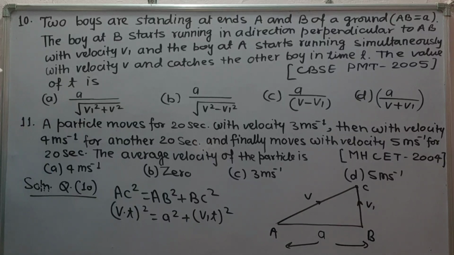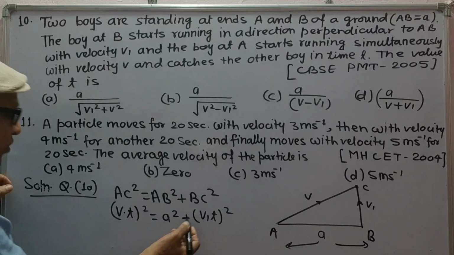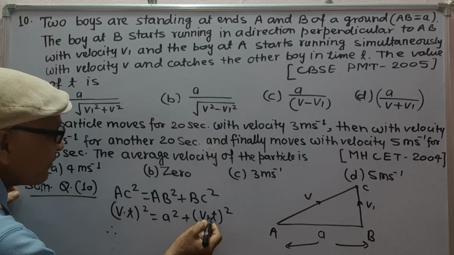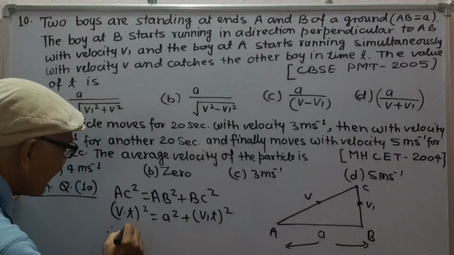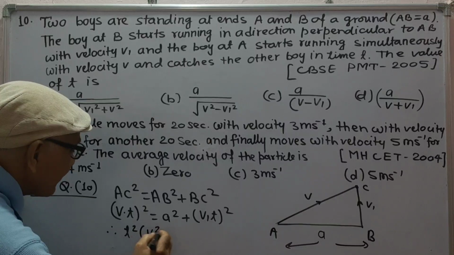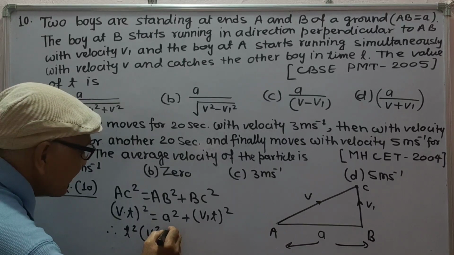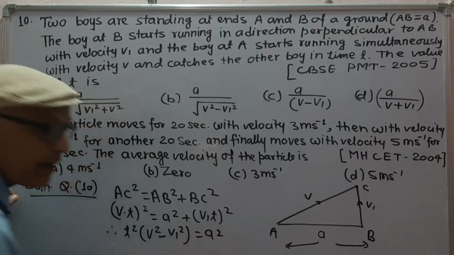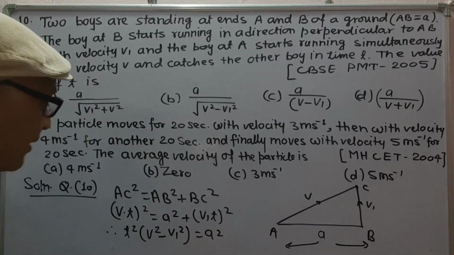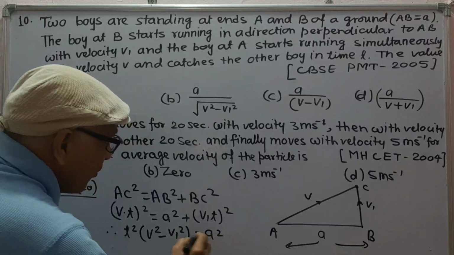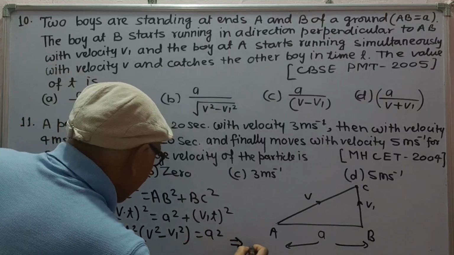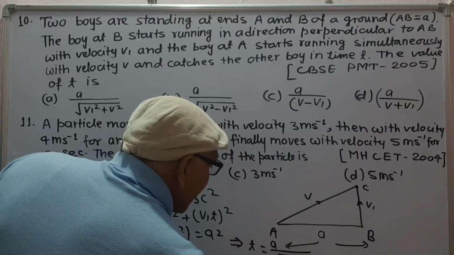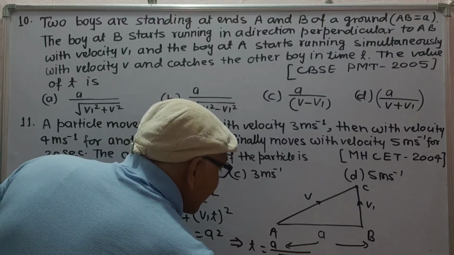Because distance is equal to velocity into time, so it can be written as v square t square minus v1 square t square taken common, v square minus v1 square is equal to a square, which gives t as a upon under root v square minus v1 square.